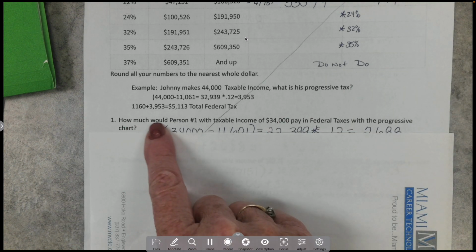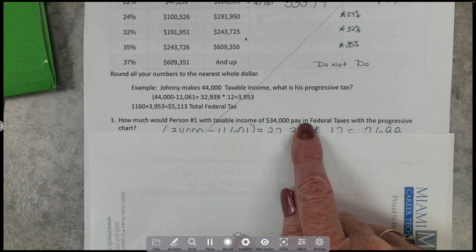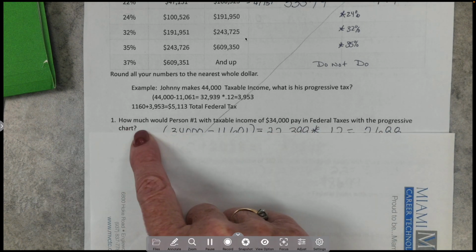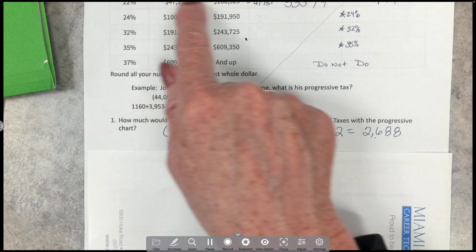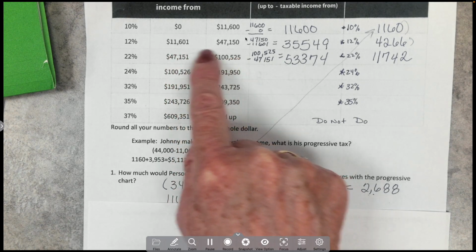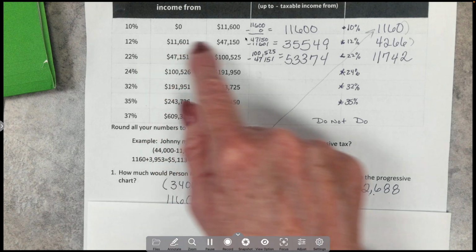So this says, how much would person 1 with a taxable income of $34,000 pay in federal taxes with a progressive chart? First thing that we're going to do is figure out where it's at. So if we go up here, we can see on the progressive chart, it's going to be in between this number and this number. So we are on row 2.